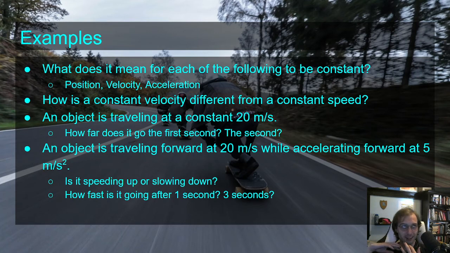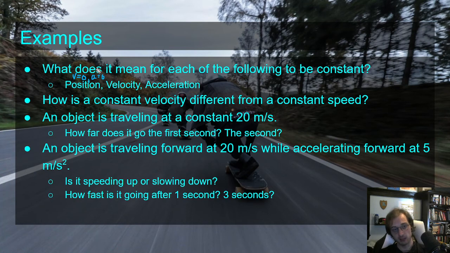As far as what it means for position to be constant, because position is describing where you are, if your position is constant, that means that your velocity is 0, and it also means that your acceleration is 0, because you're not moving, you're in the same spot.